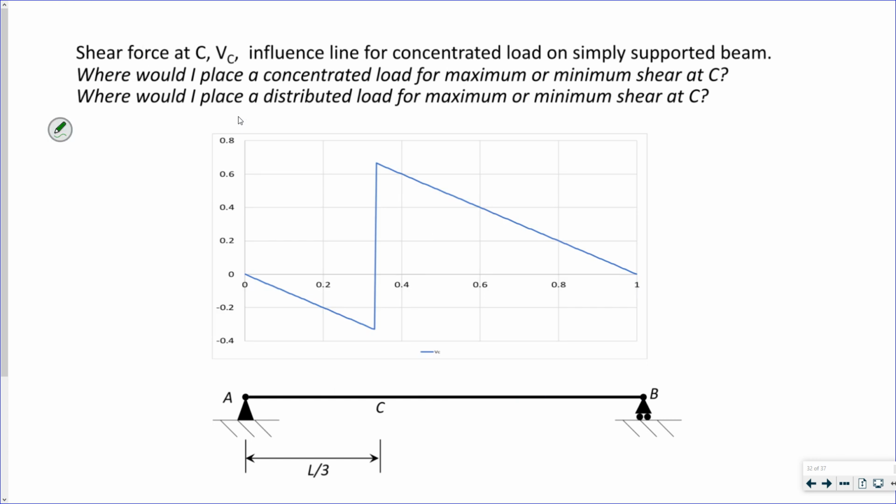Let's look at the shear force at C. This is what we just determined earlier, right? The influence line for that shear force of a simply supported beam subjected to a moving concentrated load. And earlier I said, where would I put my concentrated load for my maximum positive shear? I'd put it right there, right?